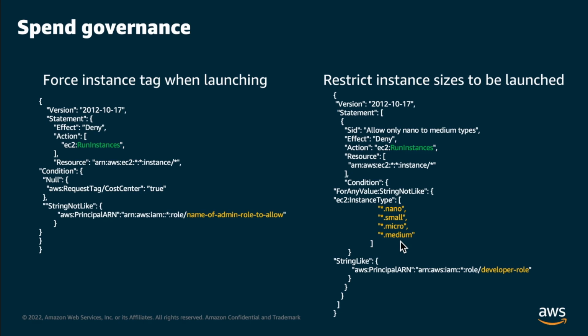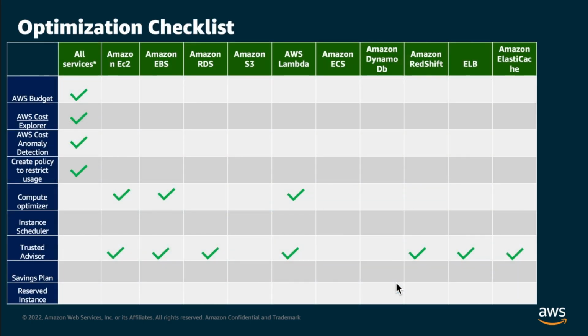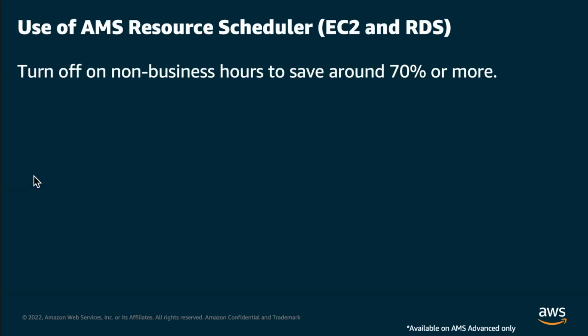And you can also do this for a specific role, a group of users. So we do create a policy to restrict usage. As I told you, it's under all services, but for some services you may not be able to do some advanced logic based on tagging and things like that. So it really depends on the use case.